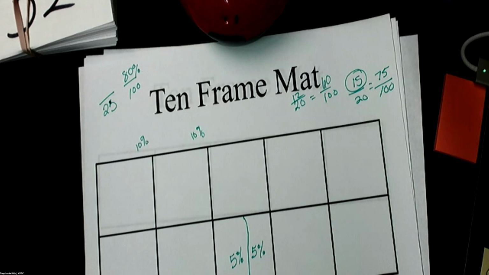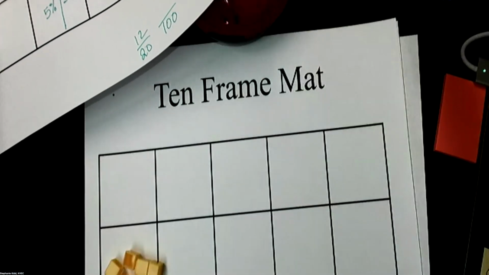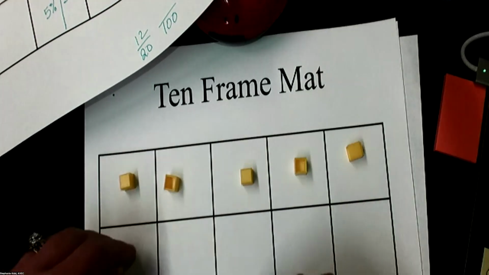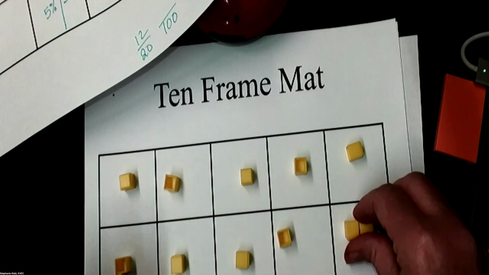Well, let's talk about that. I'm going to get 5 more out. And I'm going to fair share again. Now, we talked about 25. I'm going to get a new sheet of paper because they're not drawn on. Now, I need 25 and I need a fair share. So I'm going to go ahead and start fair sharing. Fair sharing in my little places.